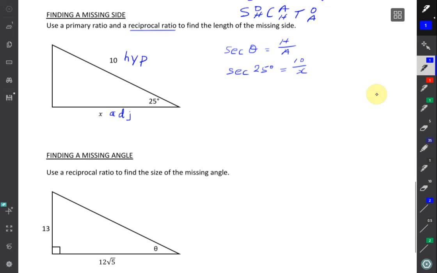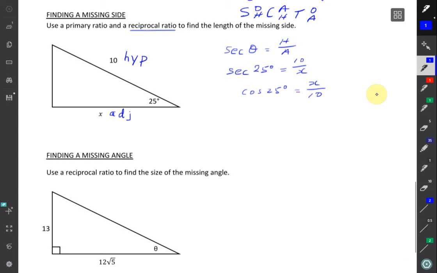Now, in order to do this one, on our calculator, we need to switch this to the reciprocal function, which in this case is cosine. So the cosine of 25 degrees then is equal to x over 10, and then we solve that.